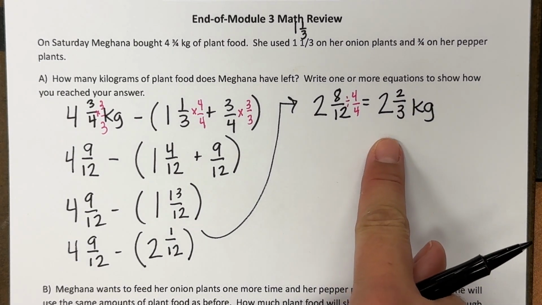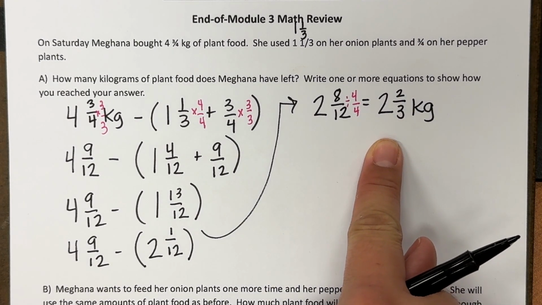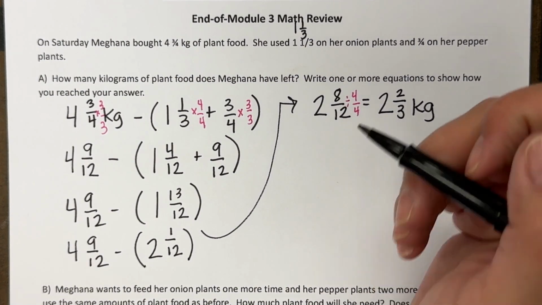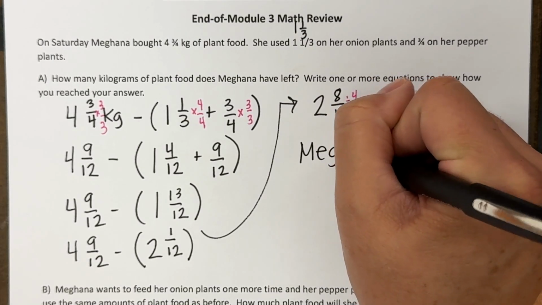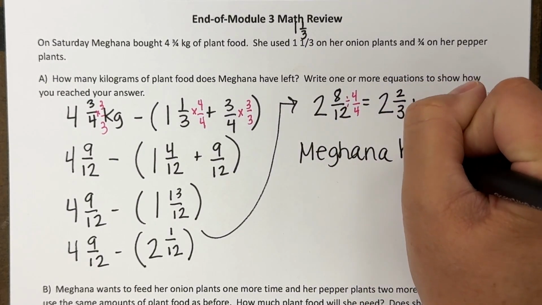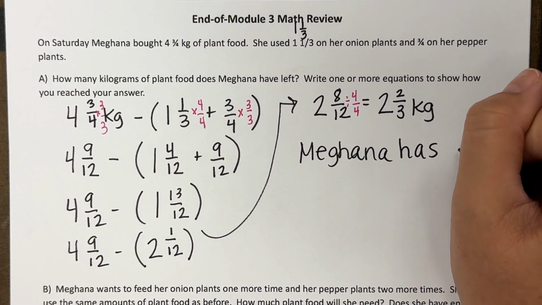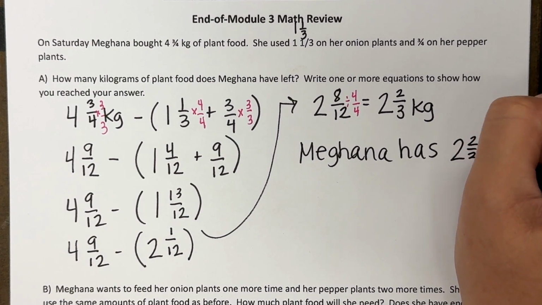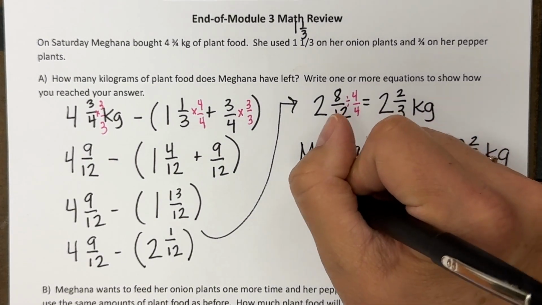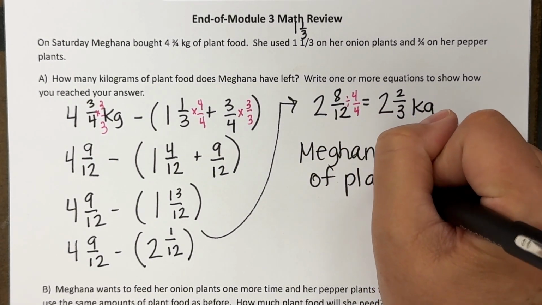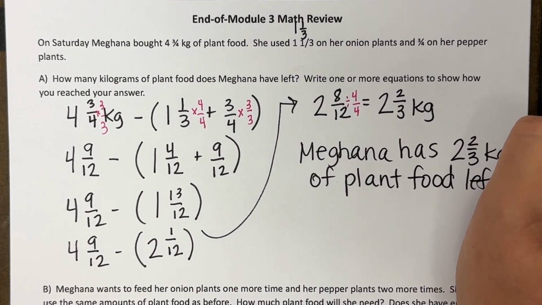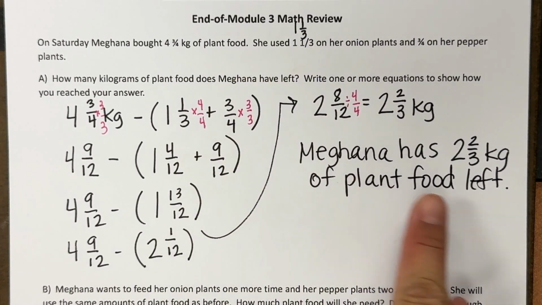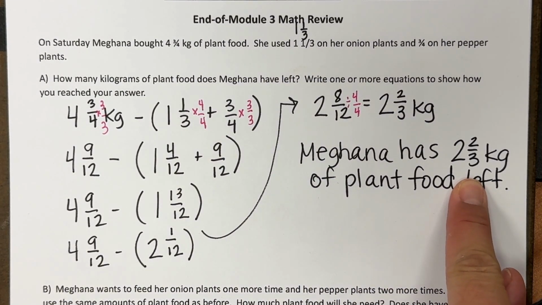And so she has 2 2/3 kilograms of plant food left. Okay, so she's fed her plants, and then this is what she has left.